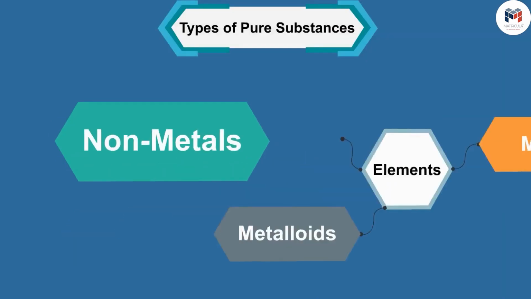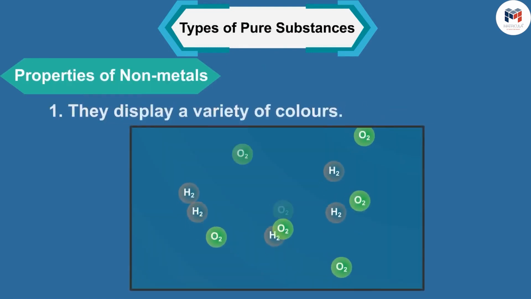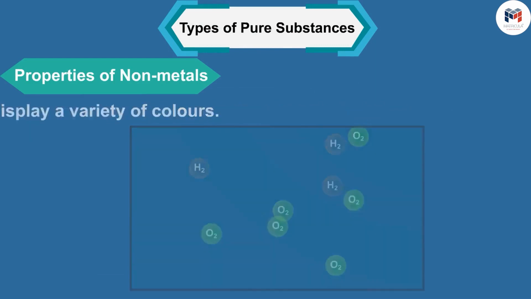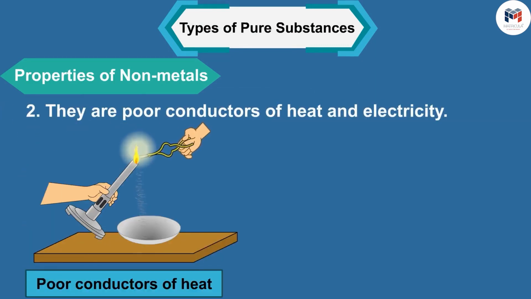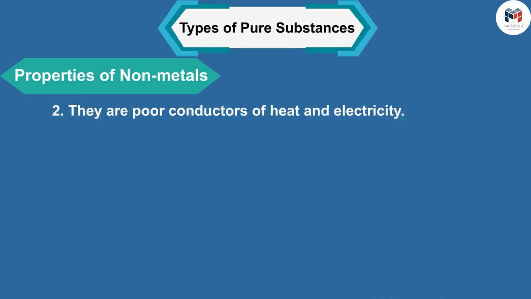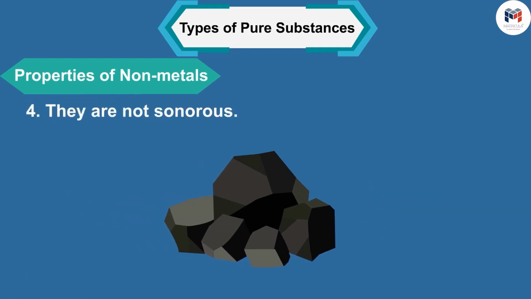Let us now look at some properties of nonmetals. 1. They display a variety of colors. 2. They are poor conductors of heat and electricity. 3. Unlike metals, these are non-lustrous except iodine. 4.